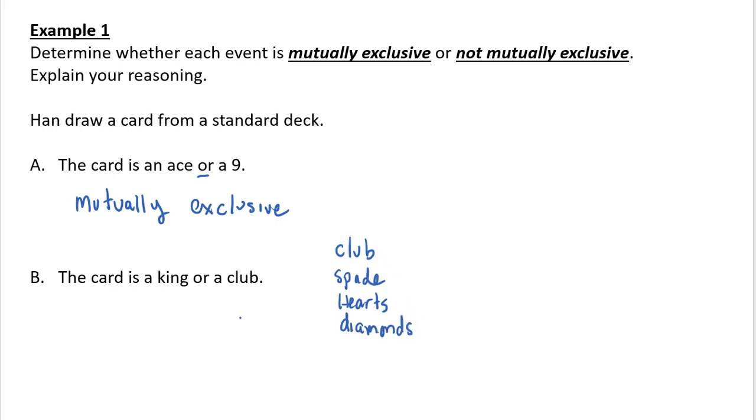Okay, so those are your 4 suits. Club is a type of suit. There's one king that is also a club. So these are not mutually exclusive.